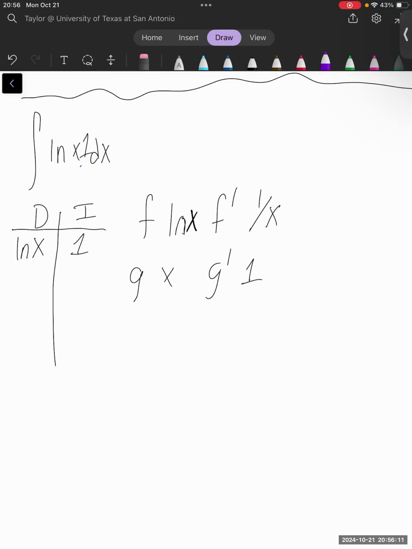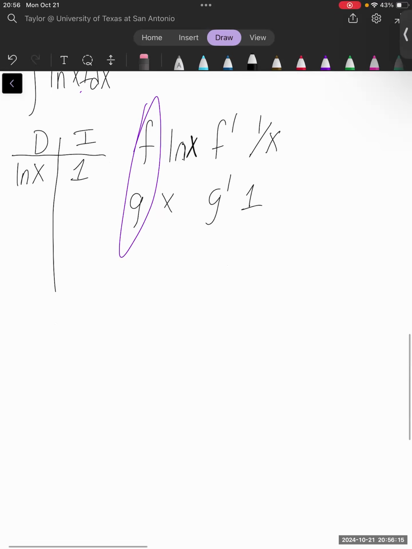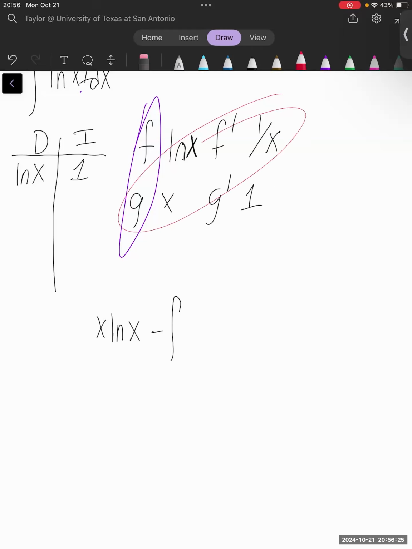And then I'm going to go here, and then take this to be x natural log of x, minus the integral of this, which is 1 dx, which gives me x natural log of x minus x plus c.